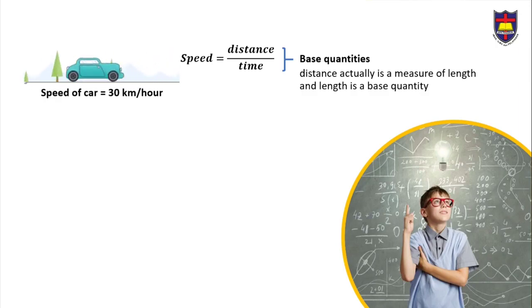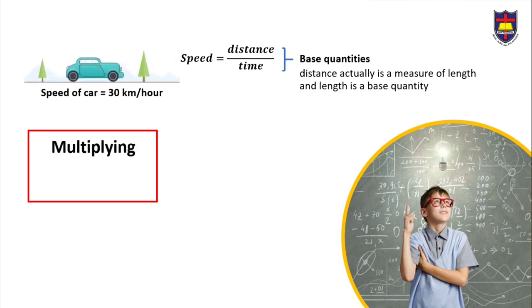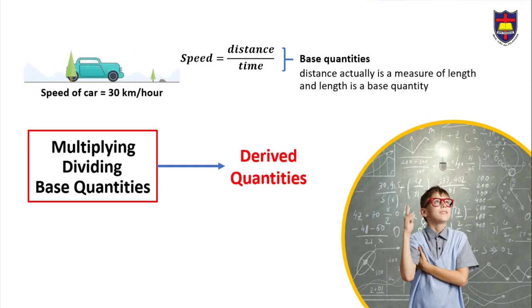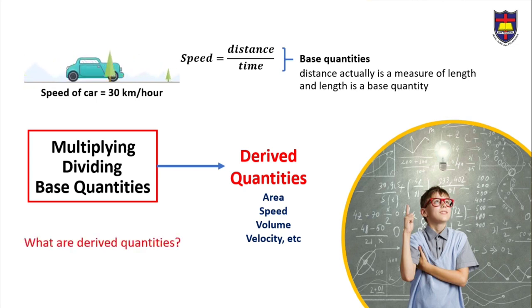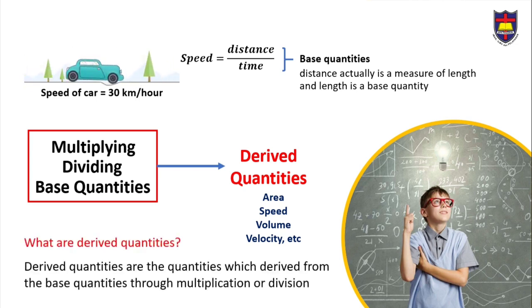So from these two examples, we can understand that by multiplying and dividing the base quantities, we get derived quantities, right? Like area, speed, volume, velocity, etc. So what are derived quantities? Derived quantities are the quantities which derive from the base quantities through multiplication or division.